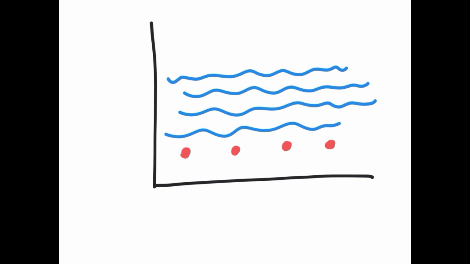Sometimes, to figure out the differences between the aspects of a Russian verb, you can think of it on a time graph. If this is time, then verbs that focus on process look like these wavy blue lines. They're going throughout time. Whereas verbs that are focusing on result look like these dots. They're more like a point in time.